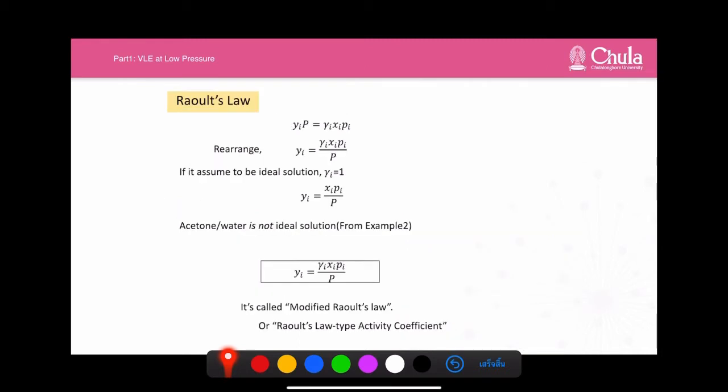So we see that the acetone-water system is not an ideal solution, so we cannot assume gamma to be 1. For a non-ideal solution we need the activity coefficient. So our model becomes yi is gamma i xi Pi over P. This model is called modified Raoult's law, or Raoult's law type activity coefficient.